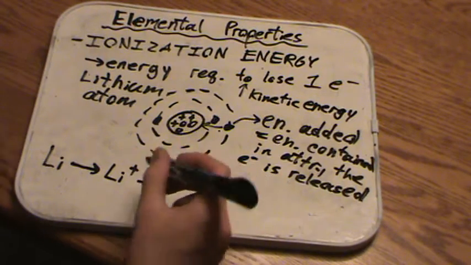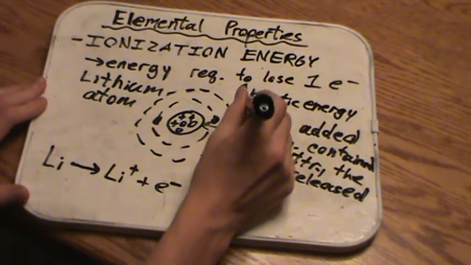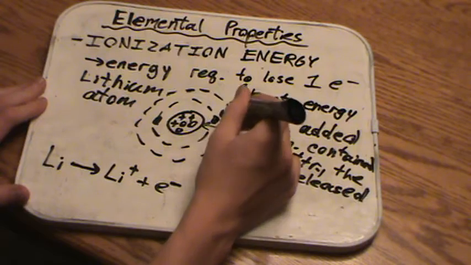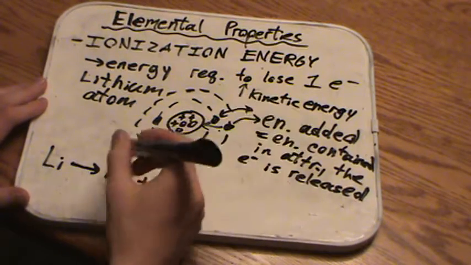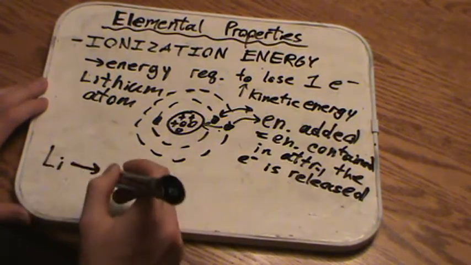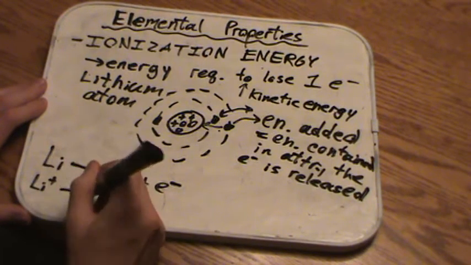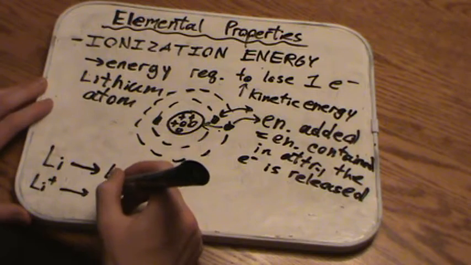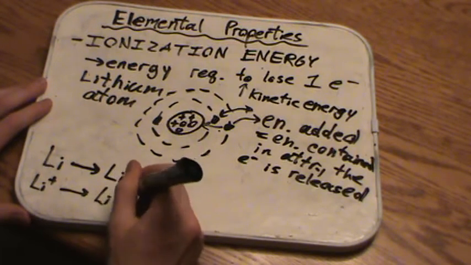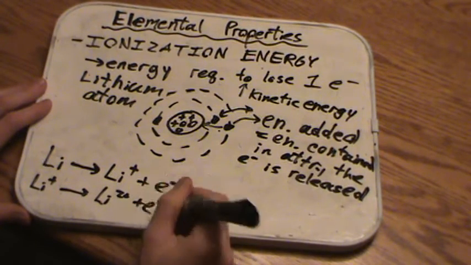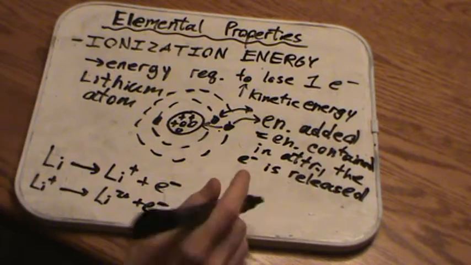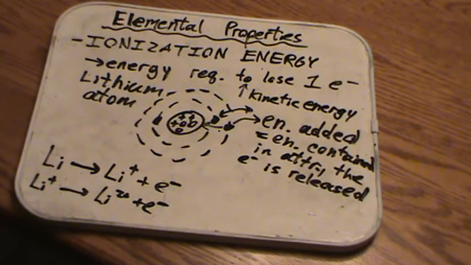However, this can happen multiple times. This next electron in the first energy level can also be released. And so this is written in the equation: Li+ ionized is equal to Li2+ plus an electron. What we're seeing here is that electrons can be released as energy is absorbed one after the other.